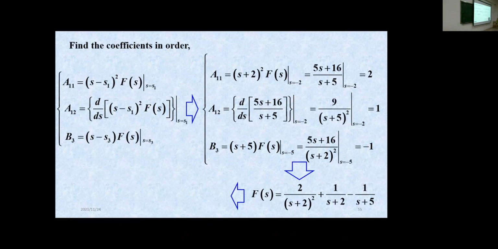A1 is equal to 2, A2 is equal to 1, A3 is equal to minus 1. It's really good. You see, if the repeated pole is just a pair, the order should be 2, right? So you can use this kind of solution when you solve.